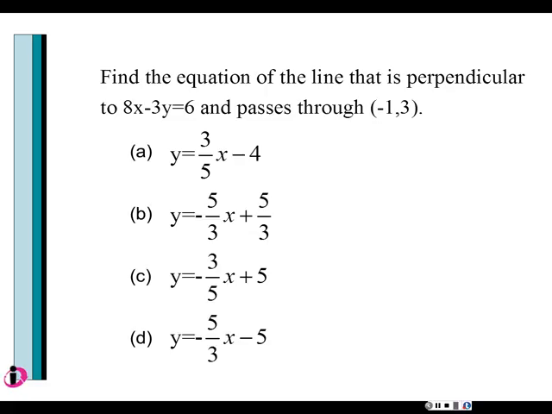You replace the m by negative 3 over 8, and x1 is negative 1, and y1 is 3. So it will be y minus 3 equals negative 3 over 8 times x minus 1.